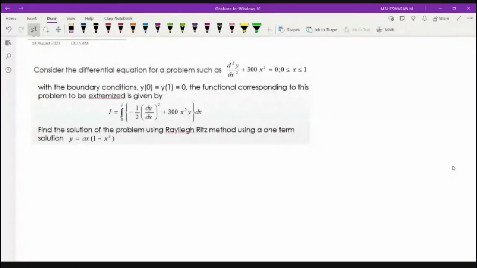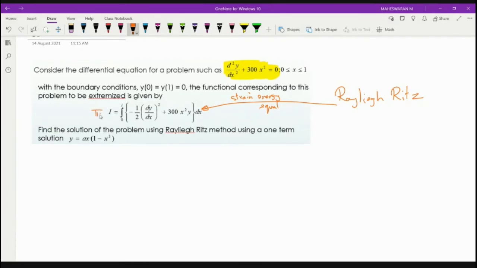So this is the problem. Let me consider here. What is the purpose of this equation for this problem? In Rayleigh-Ritz, our importance is based on your strain energy. It purely relies on the strain energy equation. Actually, this is also not a strain energy, this is your potential energy equation, overall phi p.